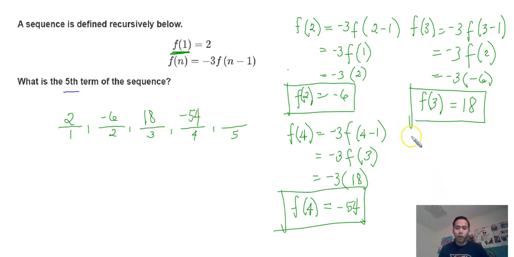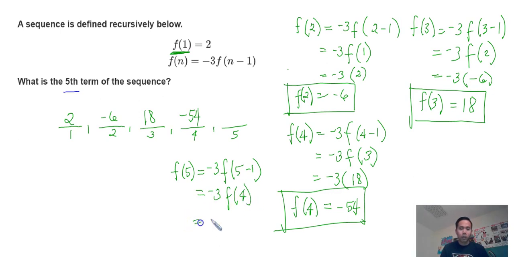And then the last one will be f5. This is the last one. f5 will be negative 3 times f of 5 minus 1, which is the previous term, which is f of 4. Again, do not multiply negative 3 and 4, okay? So we have negative 3 times f of 4, which is negative 54.